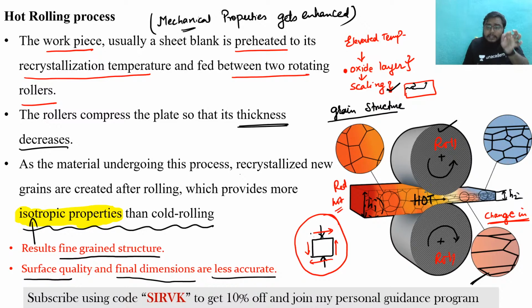Will the roll marks or any kind of marks be left on this material or not? Yes, definitely the marks of that roll would be on the material, and for these kinds of reasons I'm not getting a very good quality of surface finish.